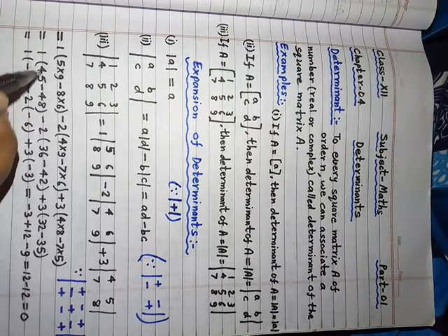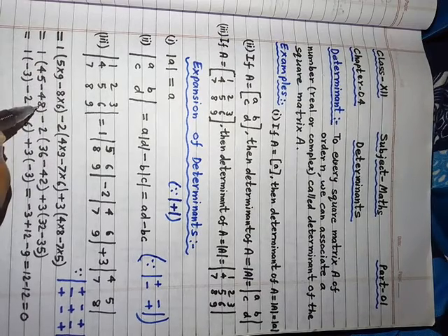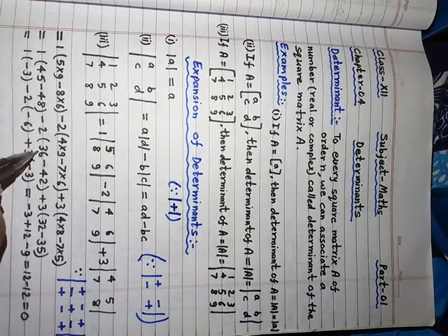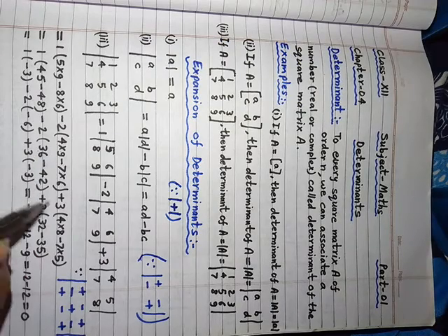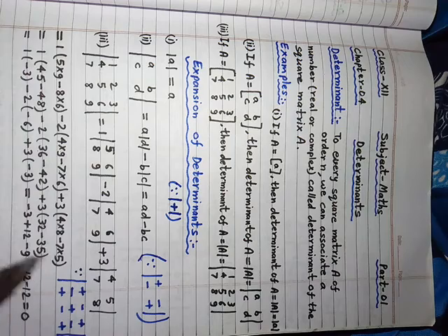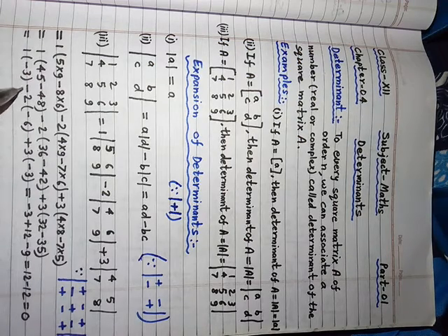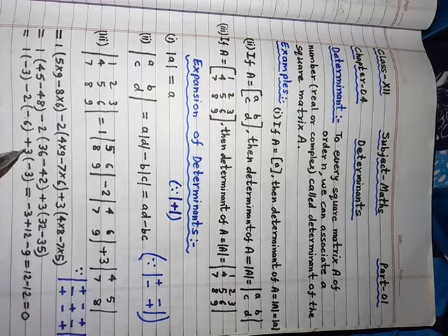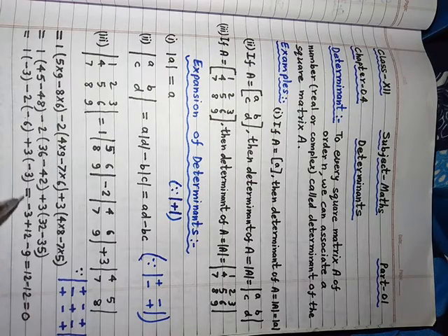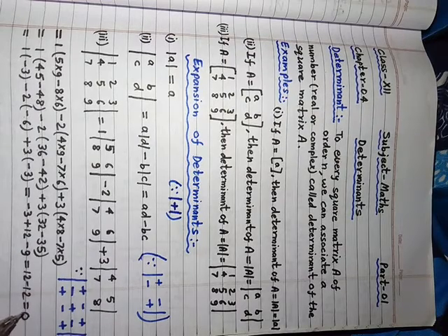Now simplify. 5 nines are 45, minus 8 sixes are 48, minus 2 into (4 nines are 36, 7 sixes are 42), plus 3 into (4 eights are 32, minus 7 fives are 35) is equal to 1 into minus 3, minus 2 into minus 6, plus 3 into minus 3, is equal to minus 3 plus 12 minus 9. If you simplify it, then 12 minus 12, that is 0.